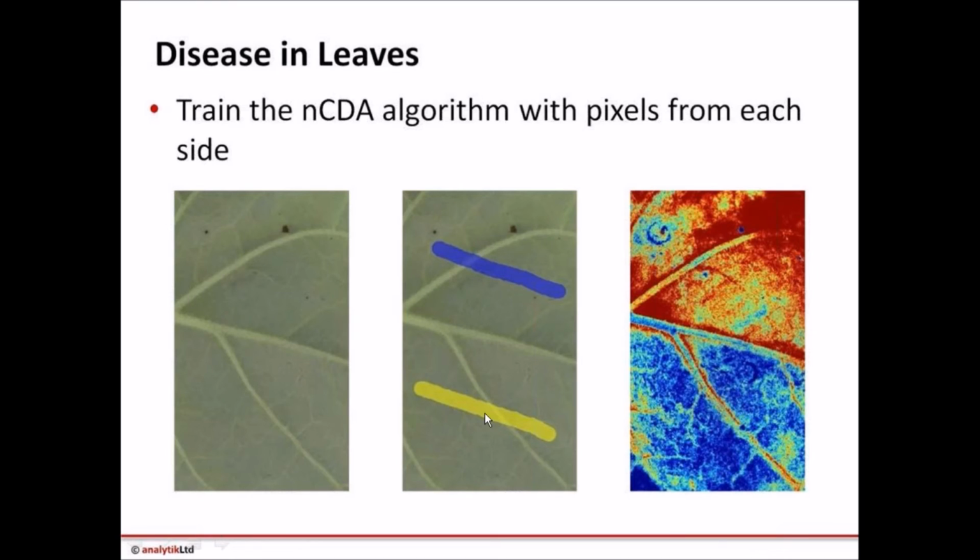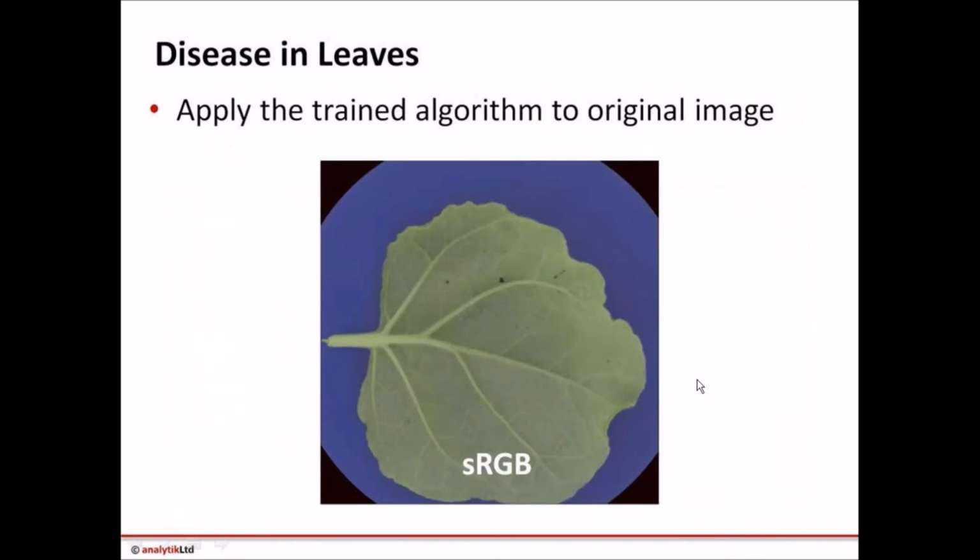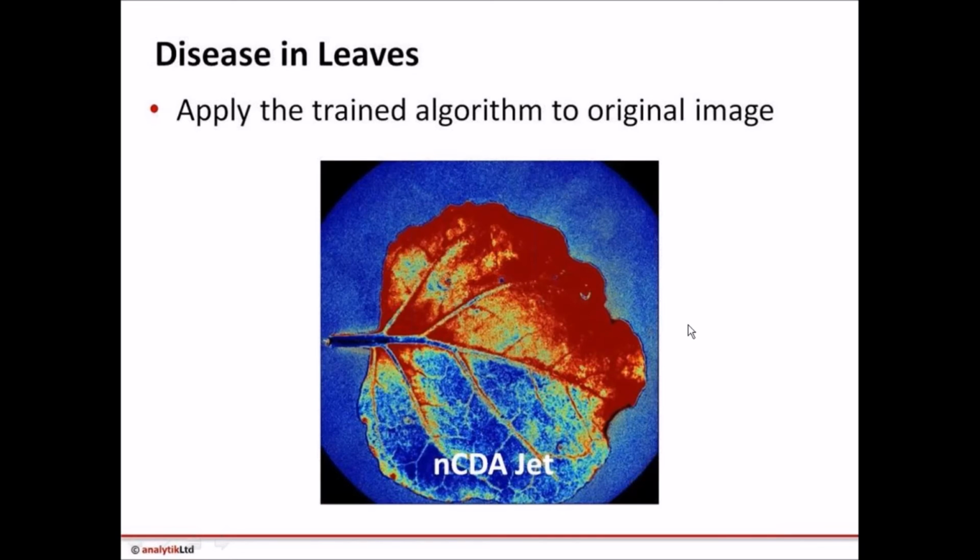And we've trained what's called an NCDA algorithm. It's just one of the multivariate statistical transformations, these operations. You don't have to understand how it works. You can just use the drop-down boxes and create these sorts of models in about a minute. It's very, very simple. And what it can then do is go through the rest of the image and classify the rest of the pixels in an RGB image and turn it into a transformed image showing an index of infection here.